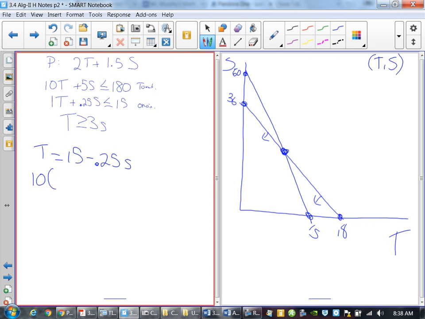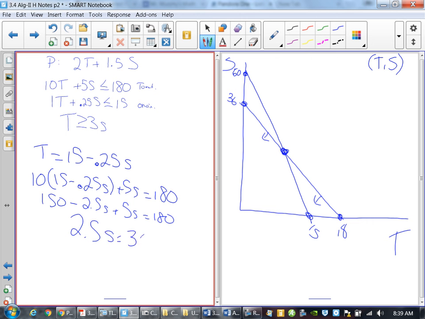So 10 times 15 minus 0.25 salsa plus 5 salsa is 180. 150 minus 2.5 plus 5 salsa is 180. 30 divided by 2.5 is 12.